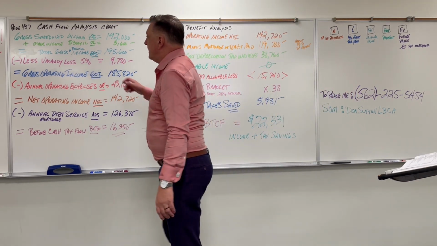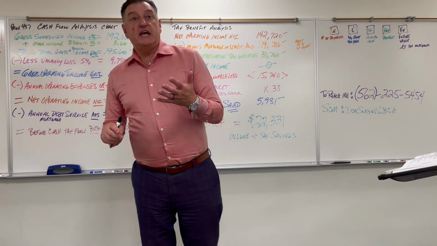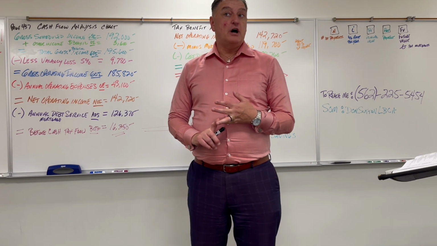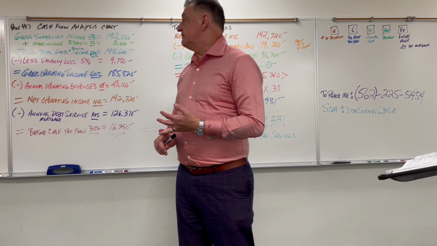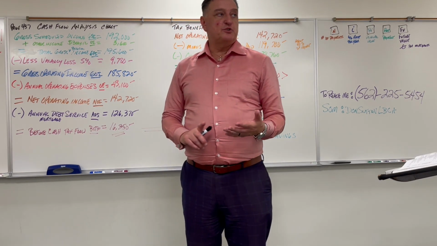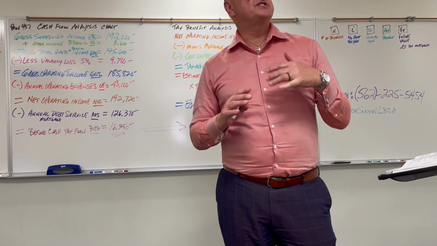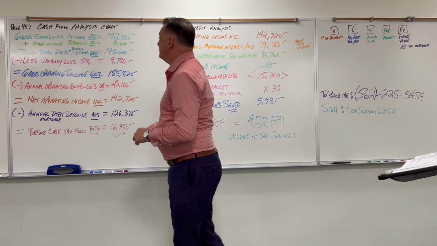The other income is, let's say you're charging extra for parking, you're charging extra for laundry, or you have a laundry room in the apartment building, or if it's a commercial property, let's say you have some coin-operated machines where you're actually selling Cokes and foodstuffs and things like that.